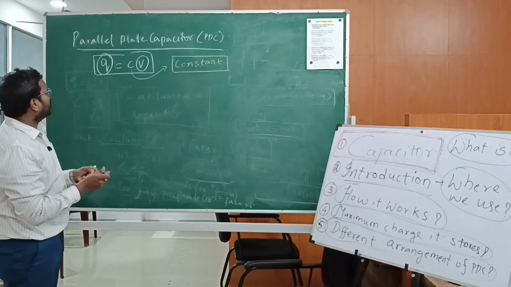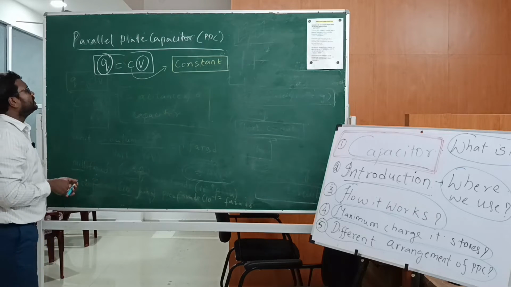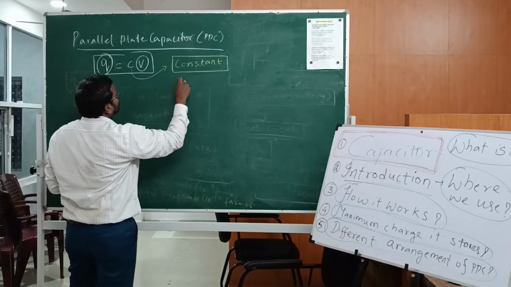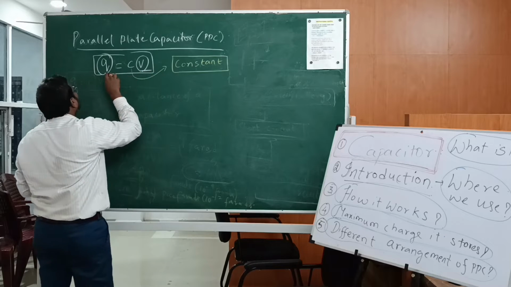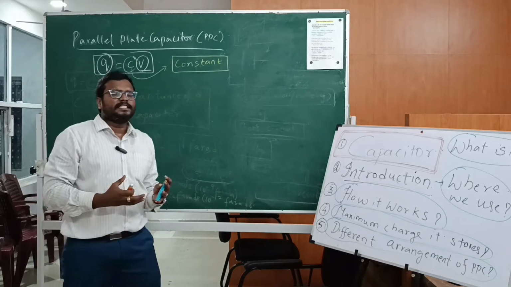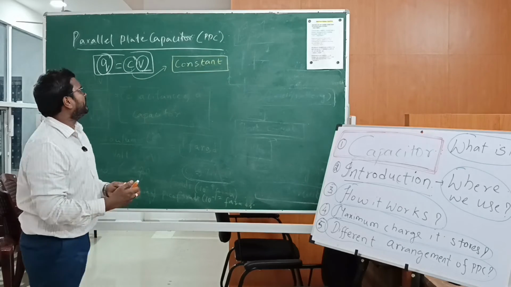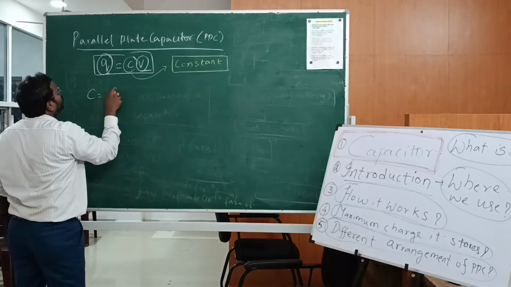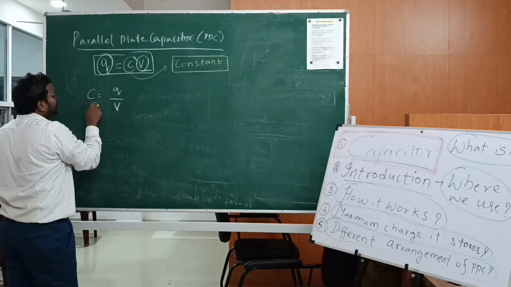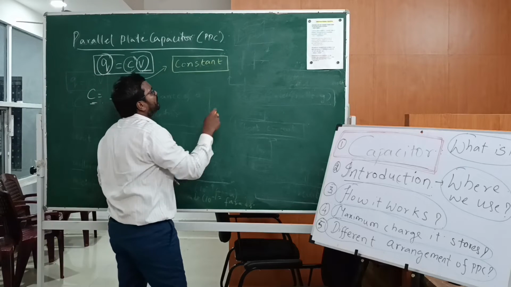Whenever we connect it to a greater charge or greater potential, there will be greater charge, but that does not change the value of the capacitance of the capacitor. So what does change it? C is equal to Q by V. Here we have to see which values change the capacitance of the capacitor.